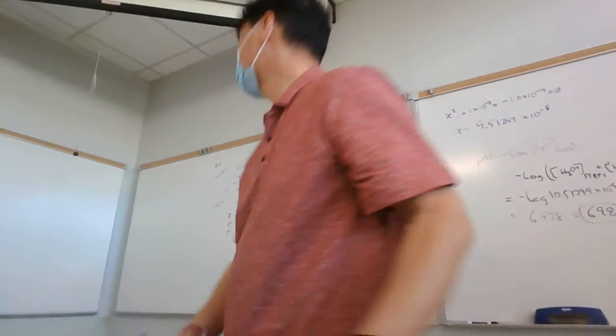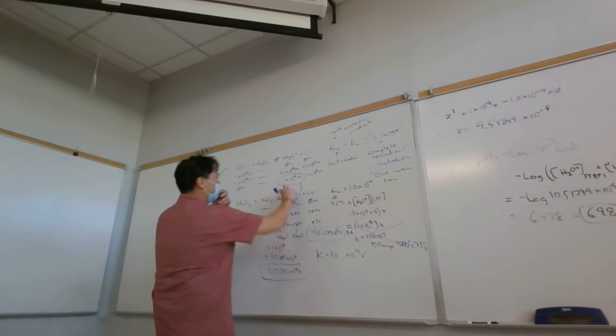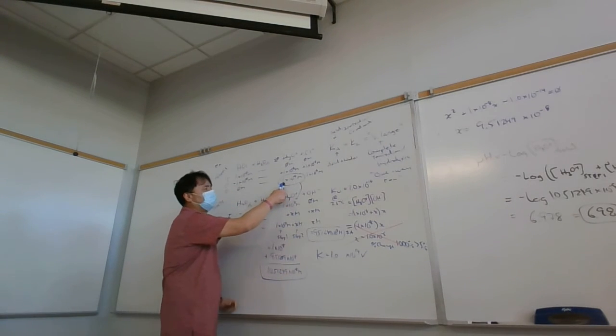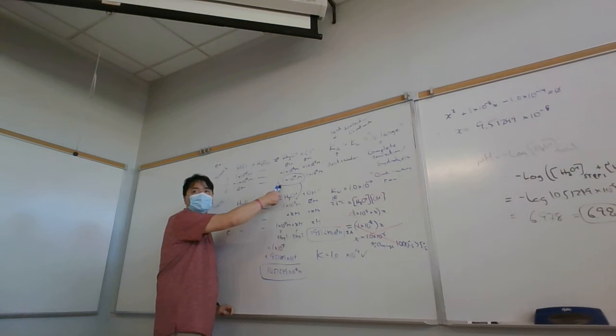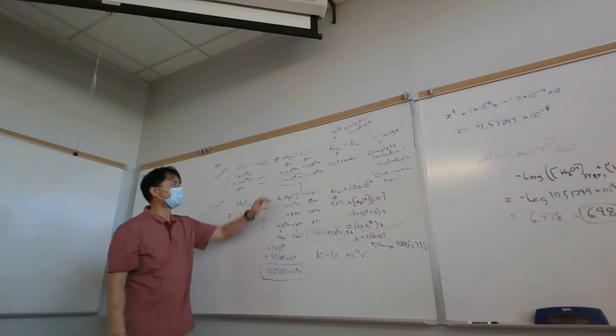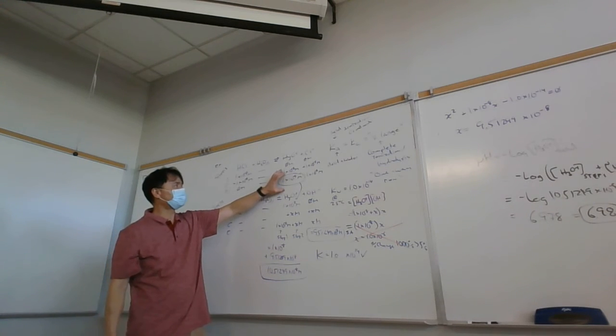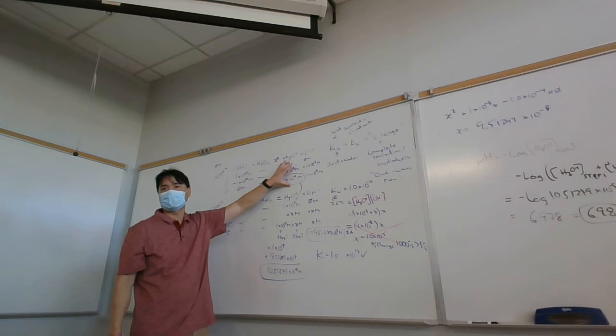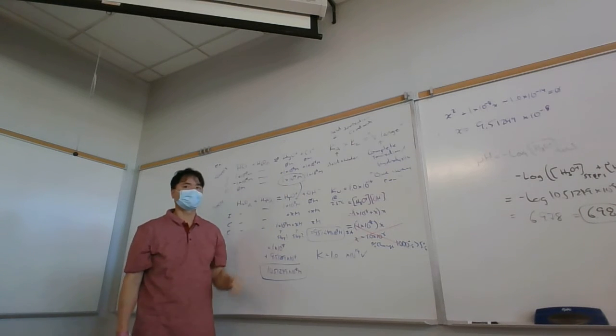So let's go back to step one. If we go back to step one here, what happens if I increase the hydronium? So I went from 1 to 10, and so I have 10 times more hydronium. If I increase the concentration by a factor of 10 here, which direction does the equilibrium shift? It shifts to the left.